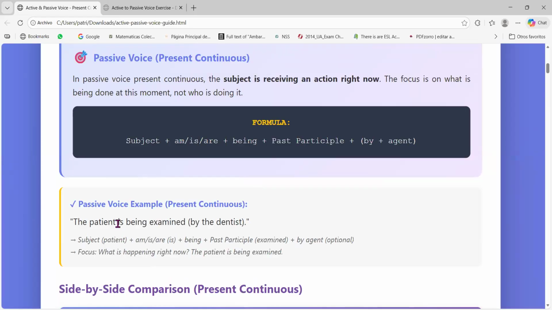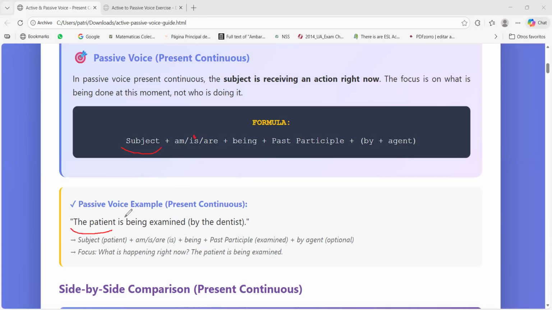We use the patient. The patient is important in our message. You have the patient that now is the subject. The patient is singular?